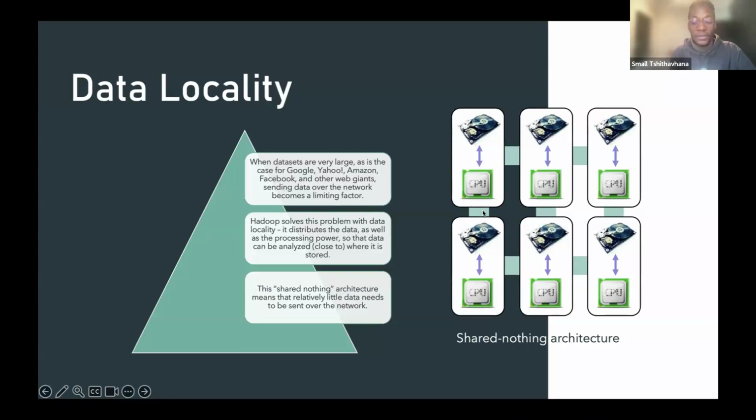So we have our cluster, and we have our data, which is distributed, separated all around the cluster.